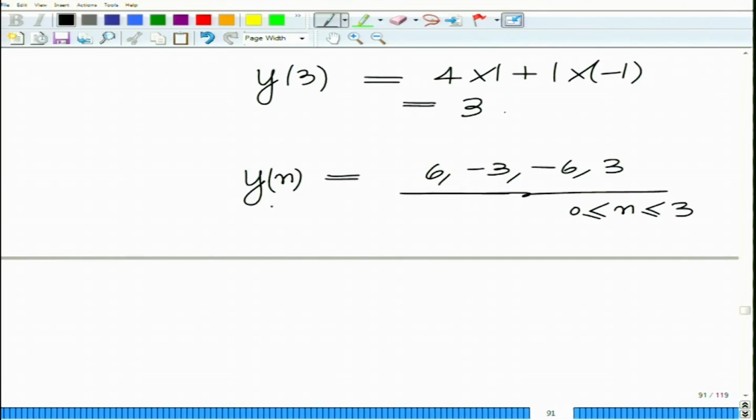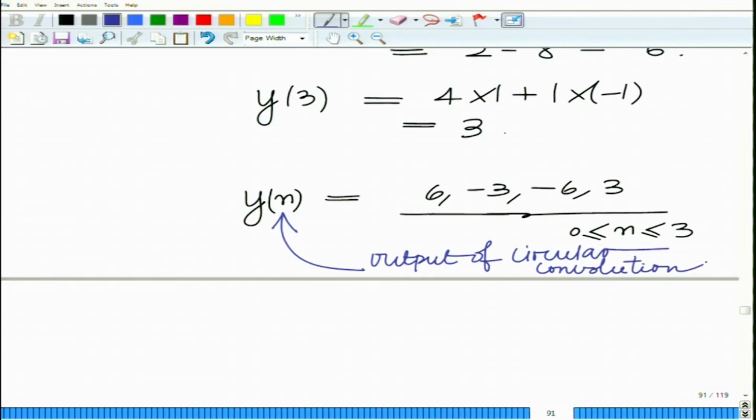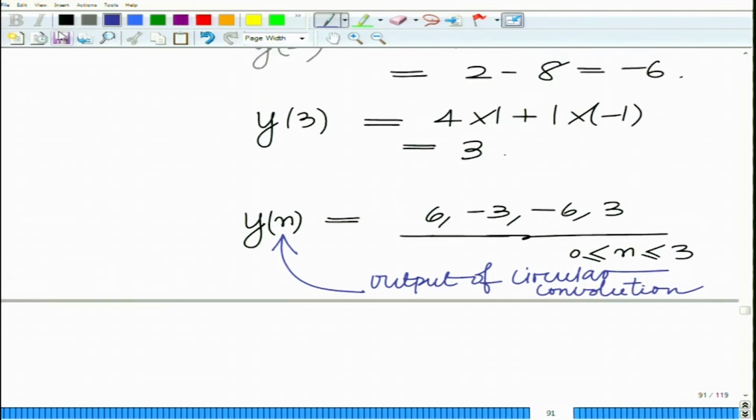This is the output of the circular convolution of the given sequences.